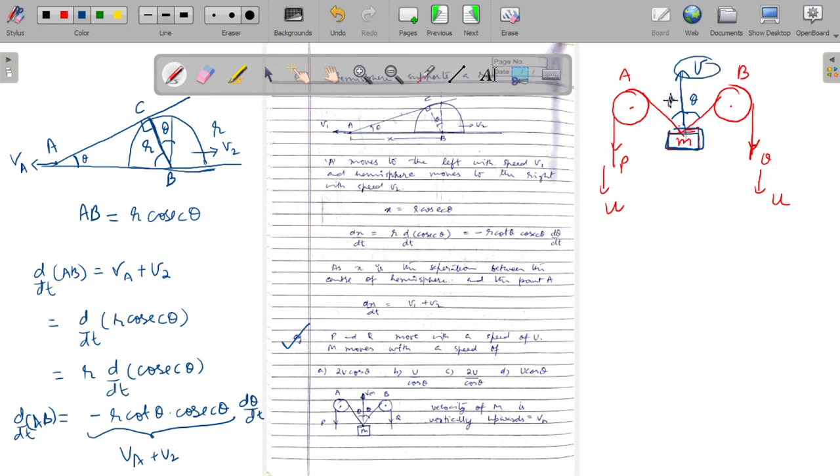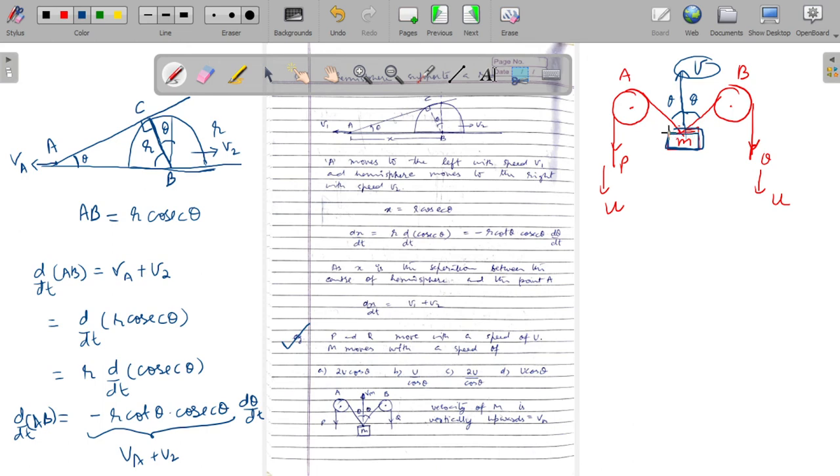Now this is the part where we have to learn something and we have to focus on it. For the rod, it was pretty clear that we are talking about the points on the rod. But now when two things are in contact which are moving with respect to each other, and the angle which the string makes with the vertical is changing, we have to concentrate on what points we are talking about.